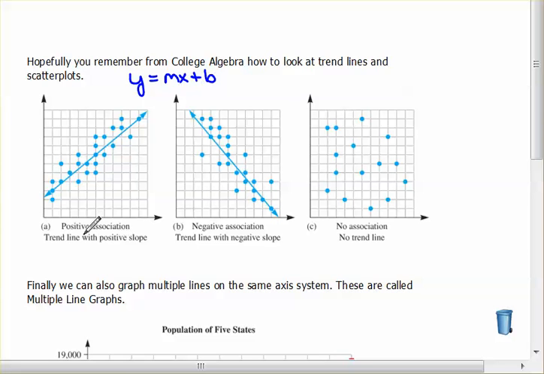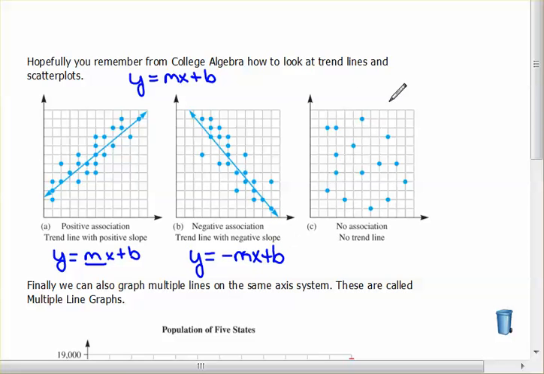In this form, it would be y equals mx plus b. Remember that m is the slope of the line, and so it would be positive in this case because we're going from left to right up. In this case, again, you can see that all of our plots are closely scattered together, so we can draw a trend line through that. But in this case, our slope would be negative, so that would be a negative mx plus b.